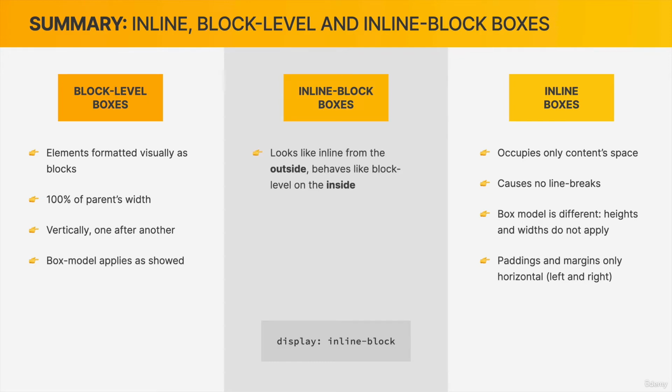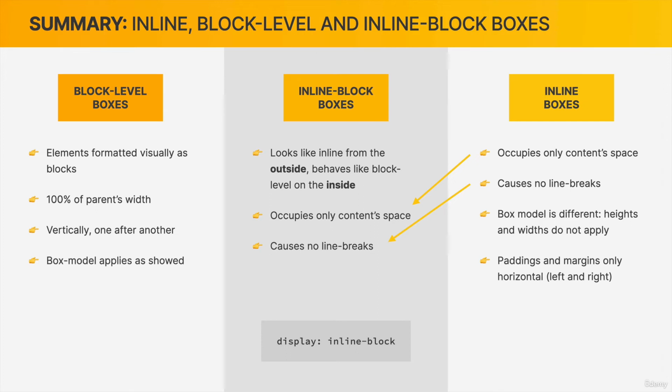So inline block boxes look like inlines from the outside, but they behave like block level elements on the inside. So what that means is that inline block boxes only occupy the space that they need for the content, and so therefore they do not cause any line breaks. So this is what I mean when I say that the inline block box behaves like an inline box from the outside.